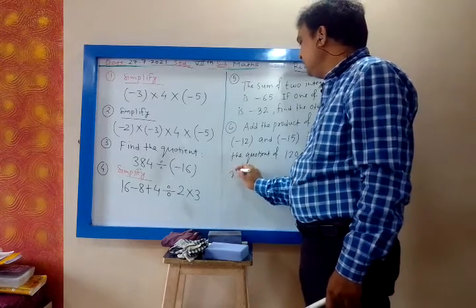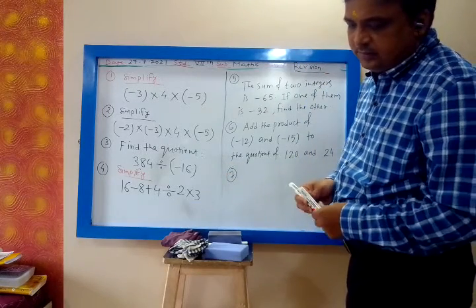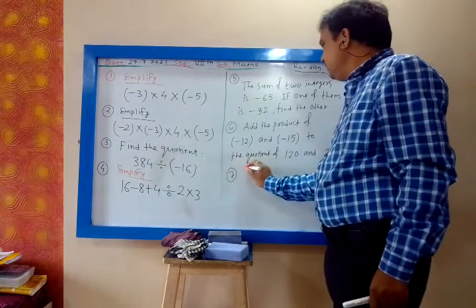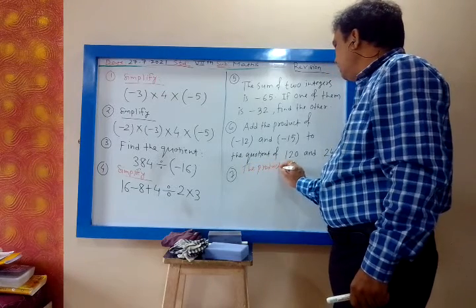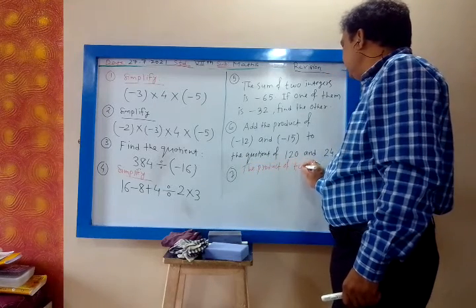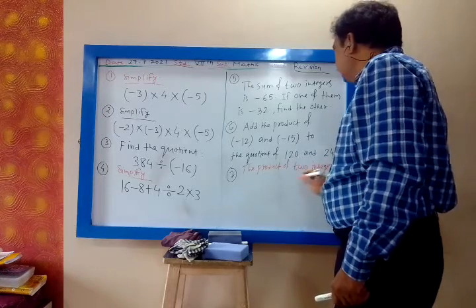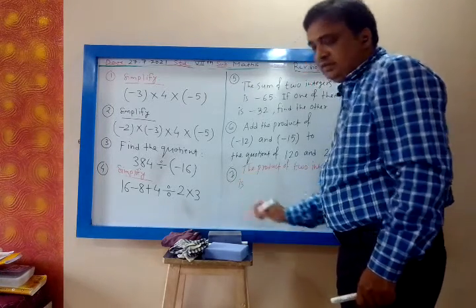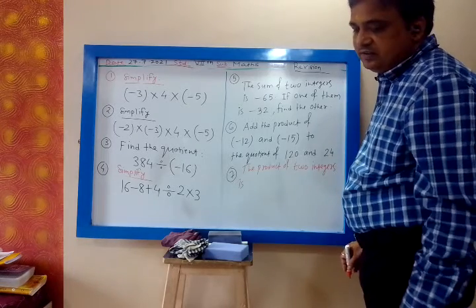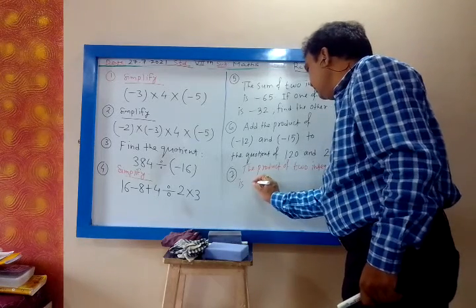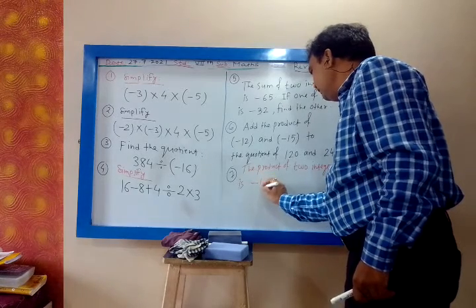Then seventh, the product of two integers is -140.